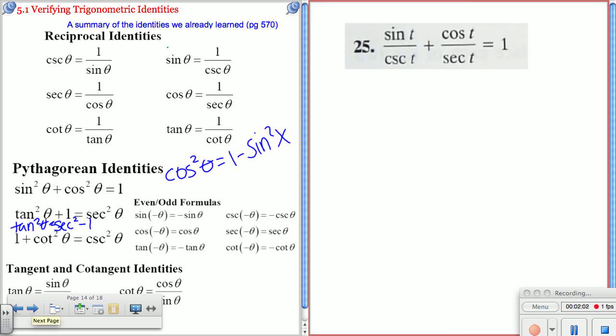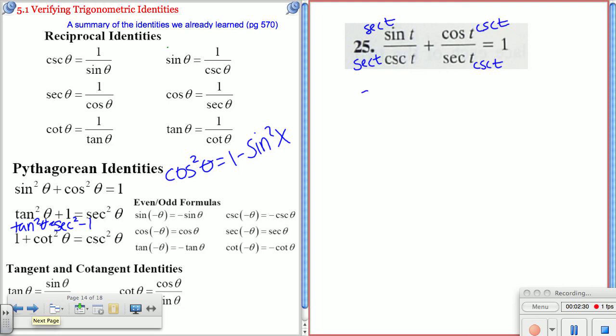Now I think we can start a few different ways. Let's try to get common denominators here and add these fractions. So it looks like here I'm missing a secant, and over here I'm missing a cosecant.